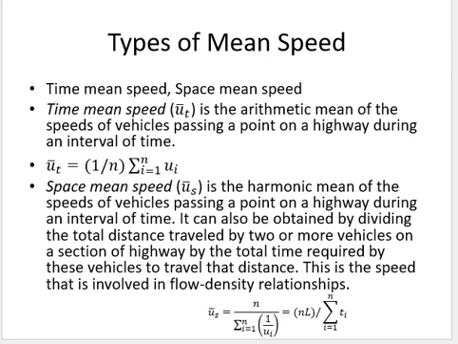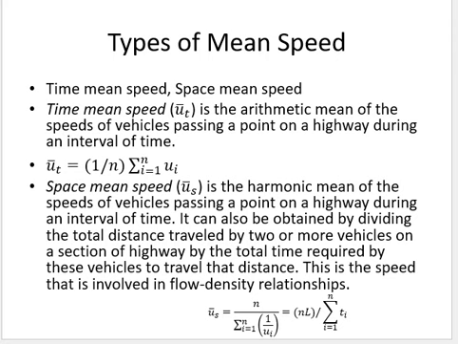So you have again the same thing. You are over a point. You have a device. The device gives you a number of speeds for the vehicles, and in the end you can do the harmonic mean. There is another way for finding out the space mean speed as well, which is using the length of the road. So you have the length of the highway and you measure the travel time of the vehicles to pass over this length.